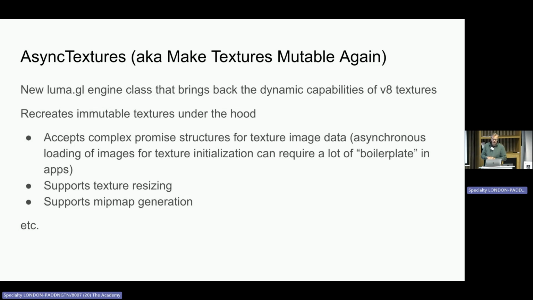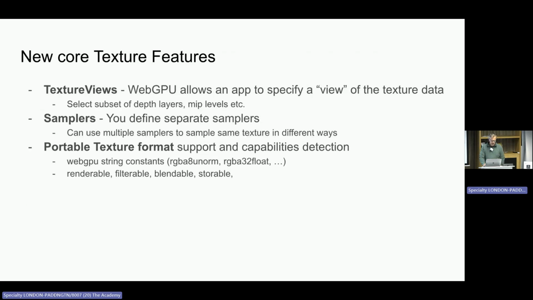It brings back the dynamic capabilities. Under the hood, you have a very immutable, efficient, easy to maintain texture, and then all of the texture resizing, mipmap generation, loading, and so on are separated out in a layer on top of that. That's already happened for buffers and so on.